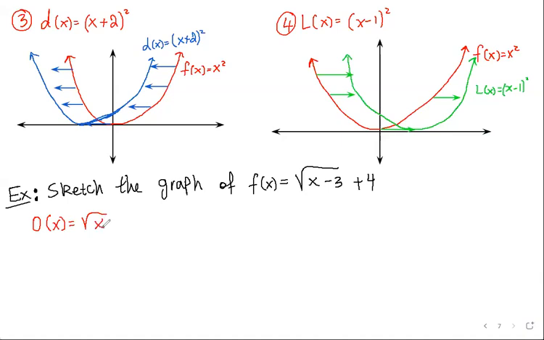So now what do I have to do, shifting? We will move up 4 units and 3 units to the right. Okay, but in general, if you want the correct things, you have to start from this function first.